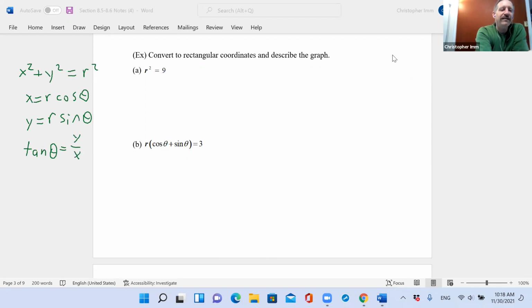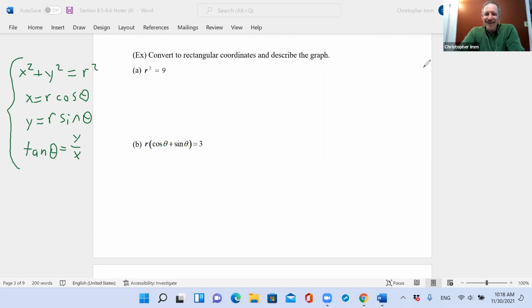So we have all these conversions that we can use to convert from rectangular to polar and vice versa. So when I'm doing this, if I have something in polar like these two are, I want to make all the r's and thetas go away, and I want to come up with something in terms of x and y.